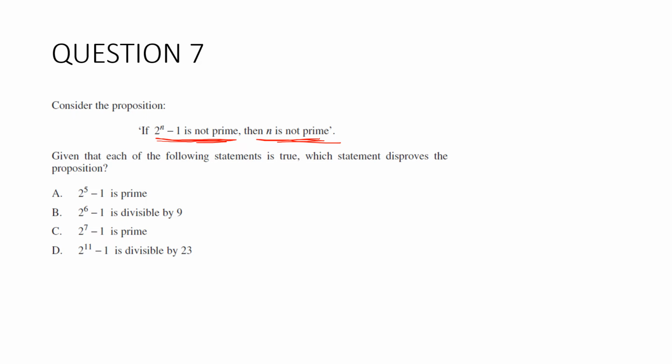Does that make sense? So this one's not going to cut it because we're looking for something that is not prime. This one is not prime and this one is not prime. So it's either going to be B or D. Now we want n being prime, which is the power here. And it's not B, is it? It's going to be D.